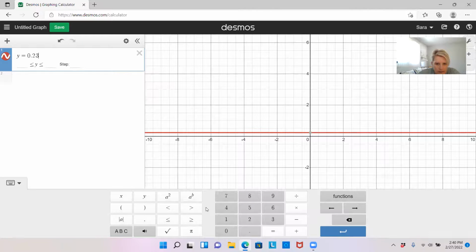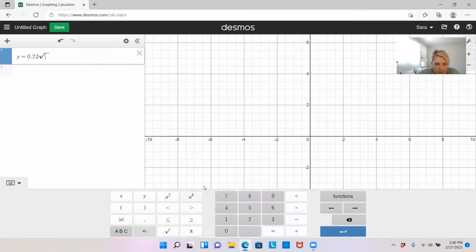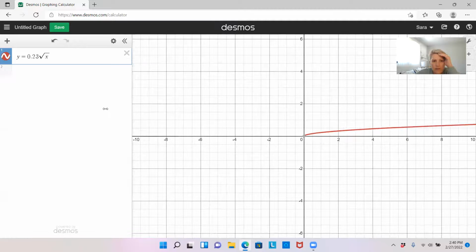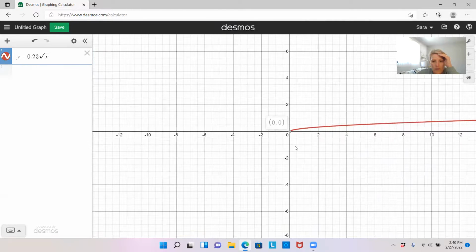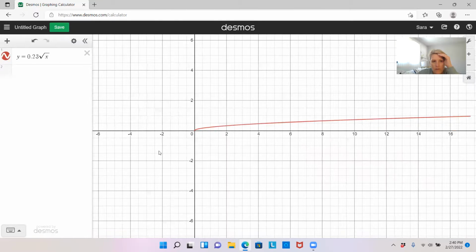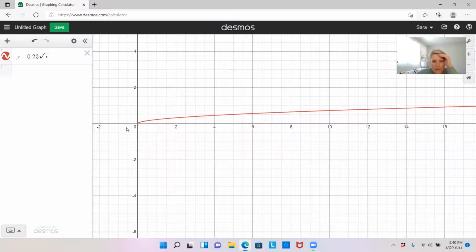It's down here at the bottom. There it is. And inside that square root, we're going to put x so that we can see the graph here. So it goes gradually up forever. Yeah, very good.